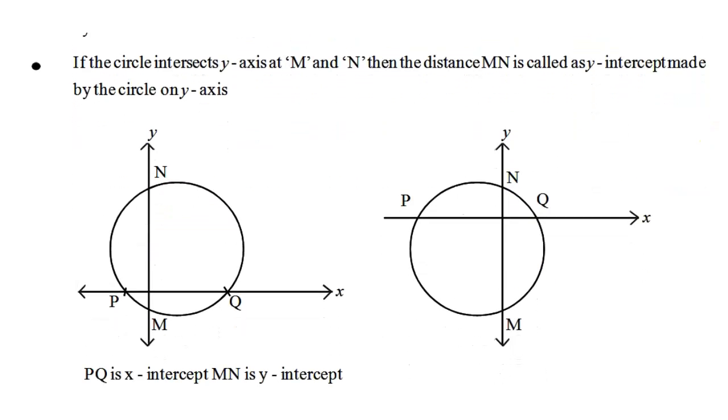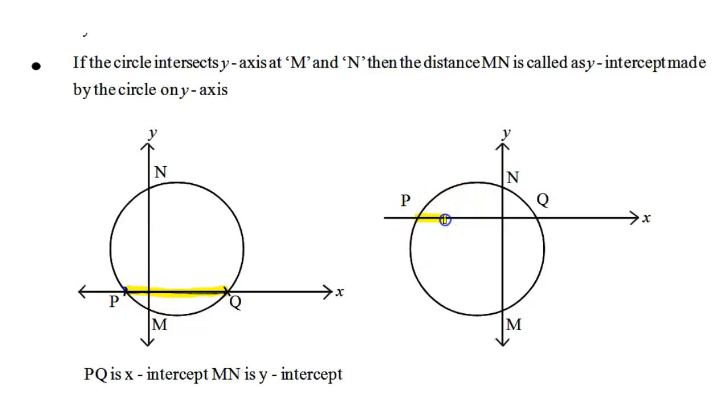Here the figure shows P touches the x-axis and Q touches the x-axis of the circle, right? Here we can say this PQ is the length of the x-intercept.